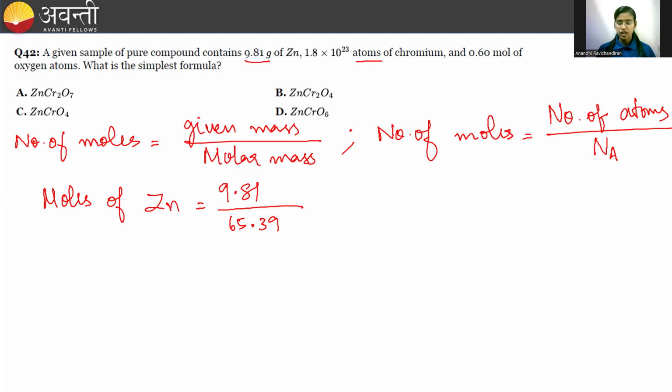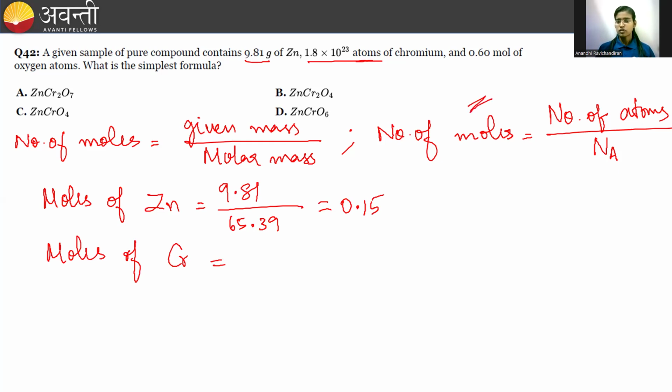And if we divide this, we will get 0.15 as the moles of zinc. Next, coming to the number of moles of chromium. In the question, the number of atoms is given, so we have to use the second formula.